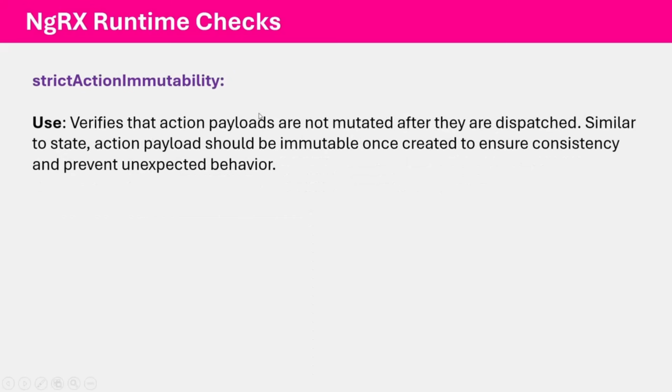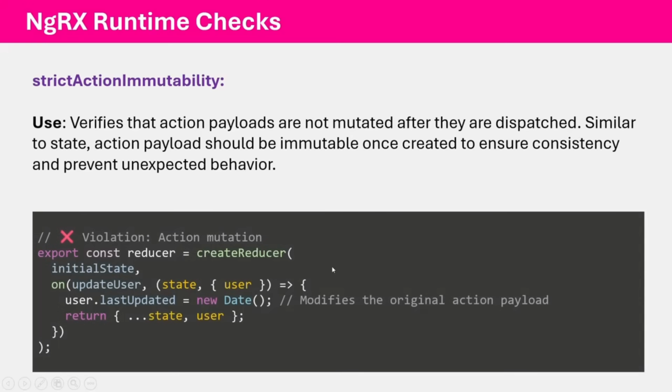Next, we have strict action immutability. What this runtime check does is it does not allow us to mutate the payload which we receive when an action is dispatched. So it verifies that action payloads are not mutated after they are dispatched. For example, if you see this reducer function, it is handling an action. Let's say it is handling the update user action.